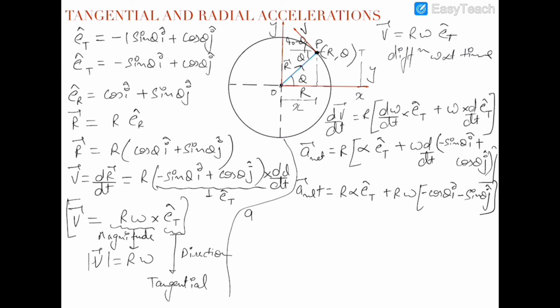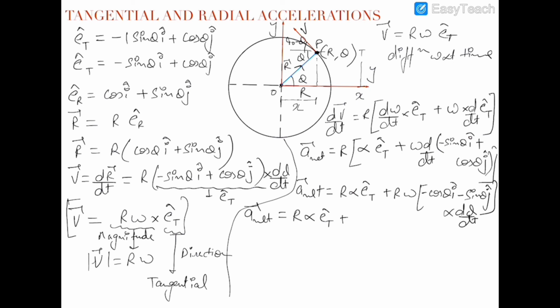So a net is equal to r alpha e tangential plus, and d theta by dt also will come by the chain rule.